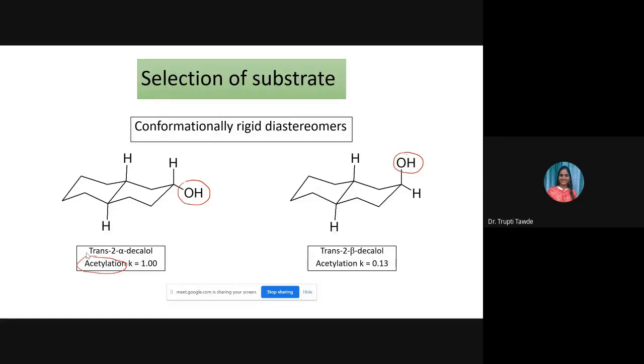So when this study was done, the rate of reaction was calculated. You can see the rate constant here, it is 1, and here the rate constant is 0.13. We can confidently say whatever rate constant 1 we got is all because of the equatorial alcohol. And I can confidently say whatever rate I'm getting for the axial is only because of the axial.